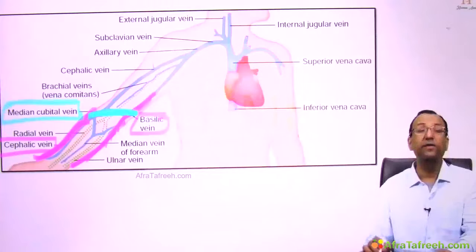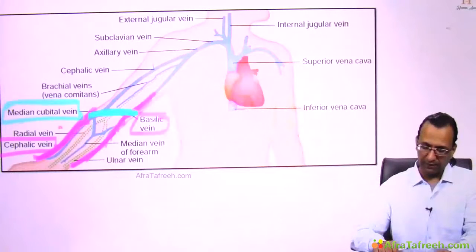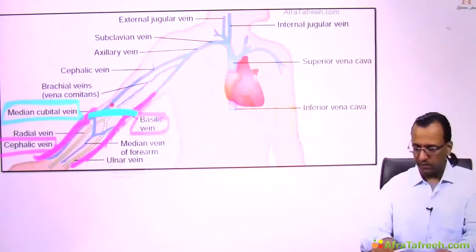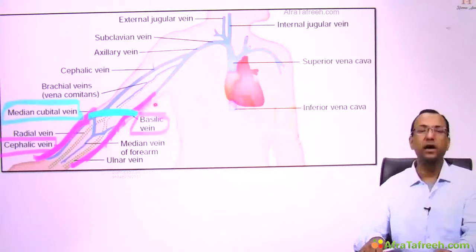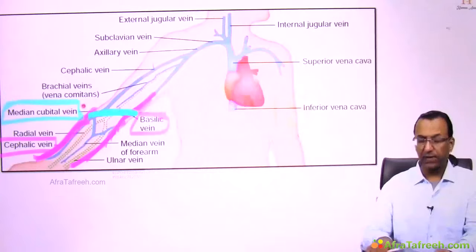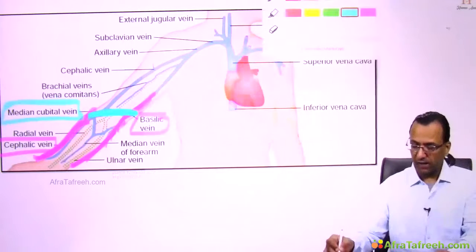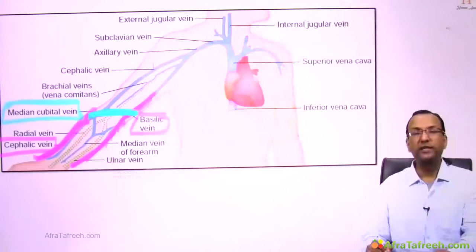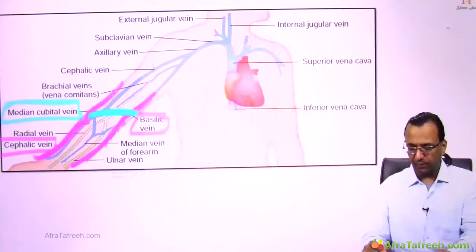So the median cubital vein drains the lateral cephalic vein towards the medial basilic vein, but not entirely, because some of the blood of the cephalic vein will go into the basilic vein and some of it will continue upwards. As the cephalic vein sheds some blood into the basilic vein by the median cubital vein and continues upward, it will then drain into the axillary vein.